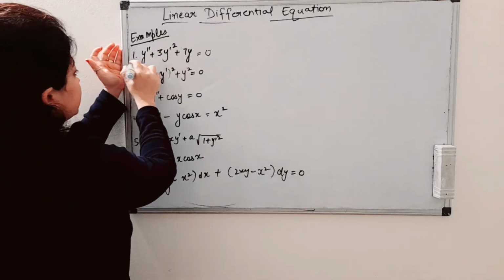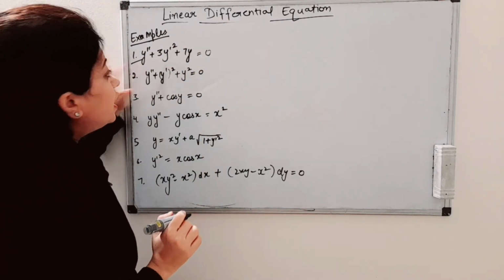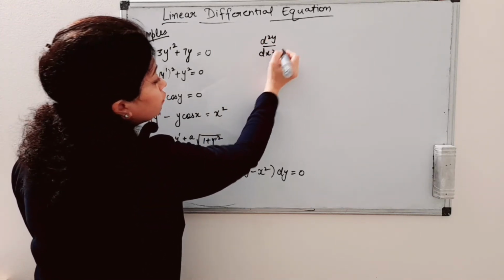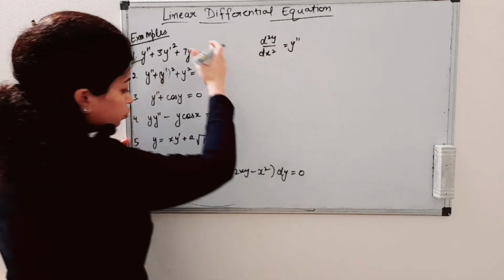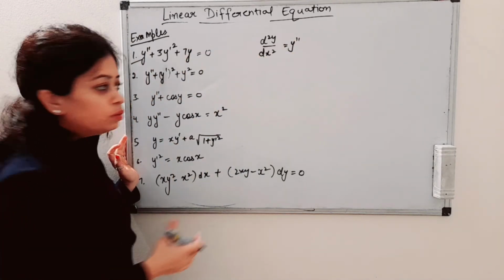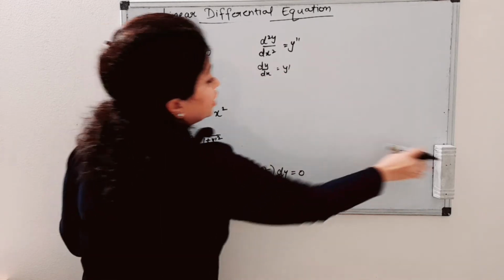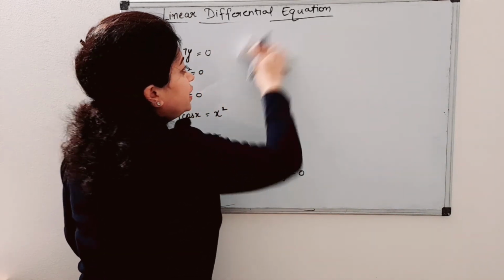See the very first example. I am not writing d2y by dx2; instead of this, I am writing y double dash, so you can understand this. dy by dx, we are writing y dash like this.